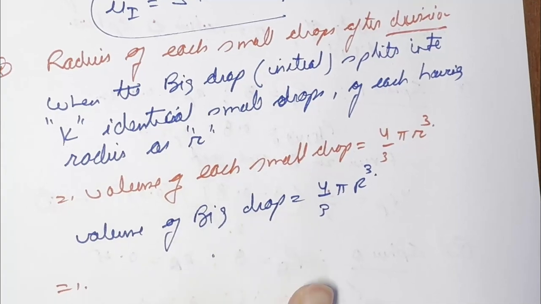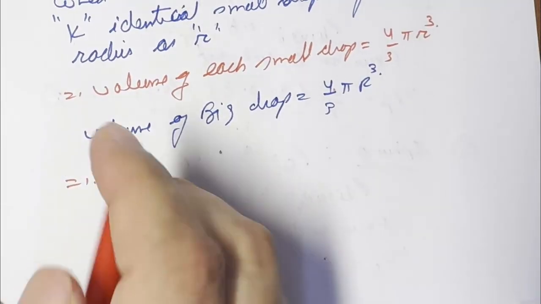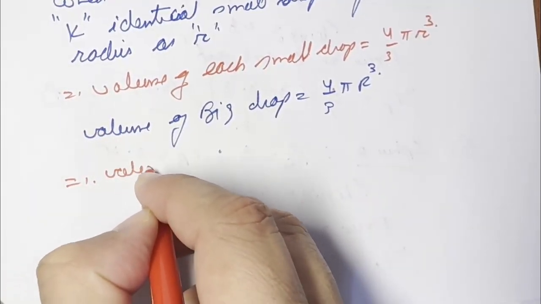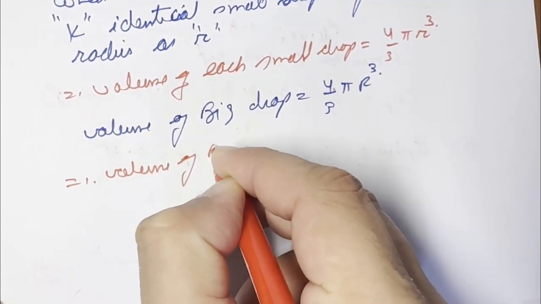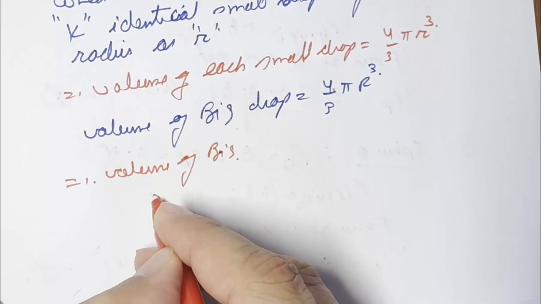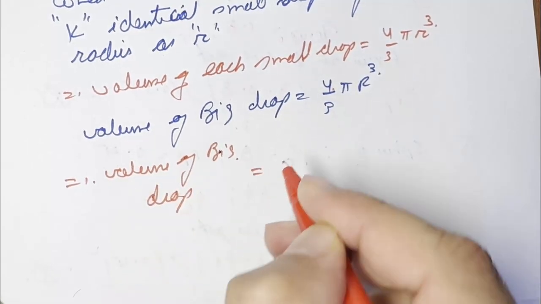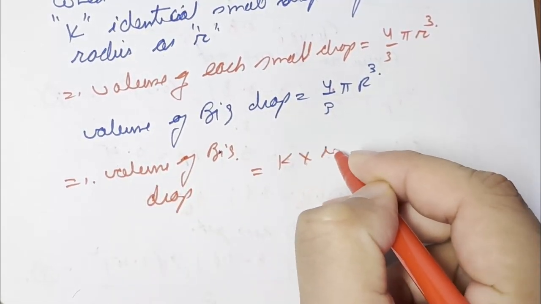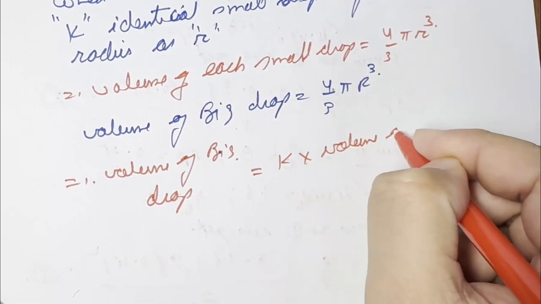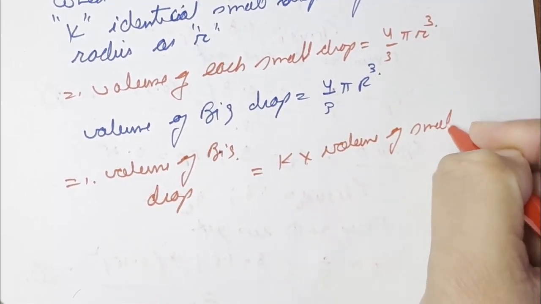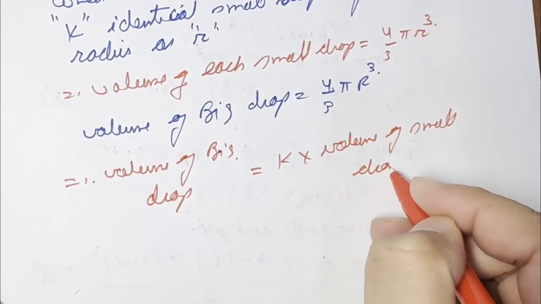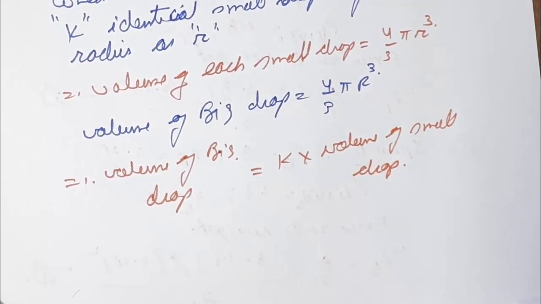So the volume of the big drop is equal to k times the volume of a small drop. We substitute the respective values.